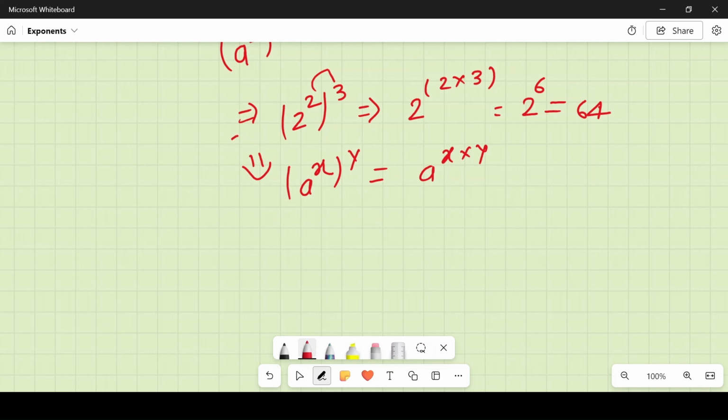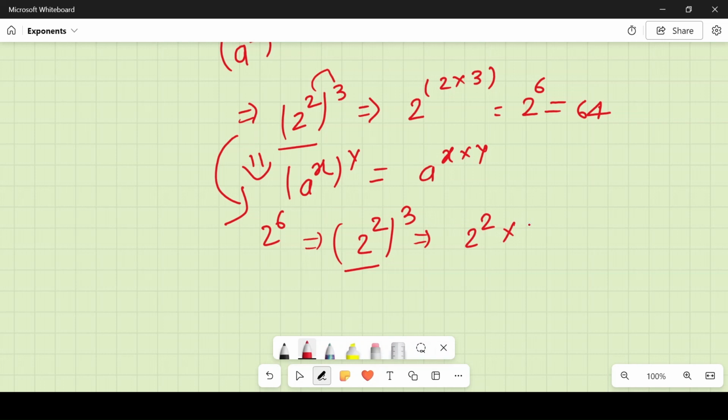Now let me prove why this is happening, as 2 raised to the power 6. So let's expand this as 2 squared and the whole of 3. Now I can write this 2 squared as 2 squared multiplied by 2 squared multiplied by 2 squared, because we are multiplying this 3 times.